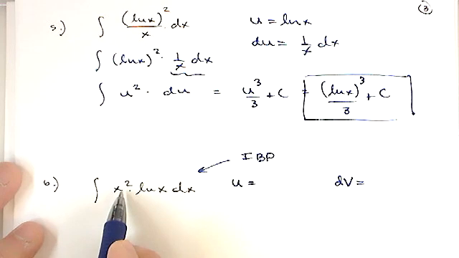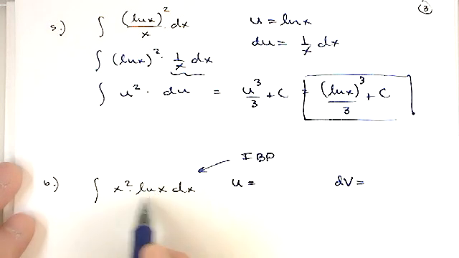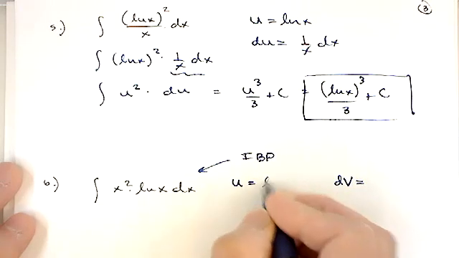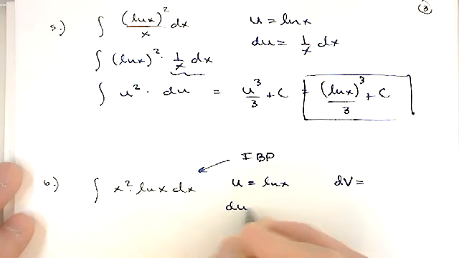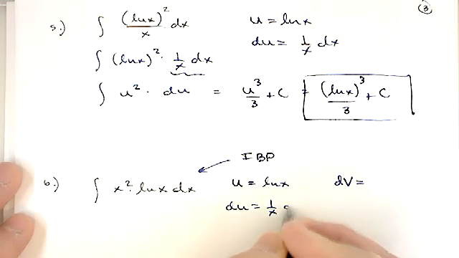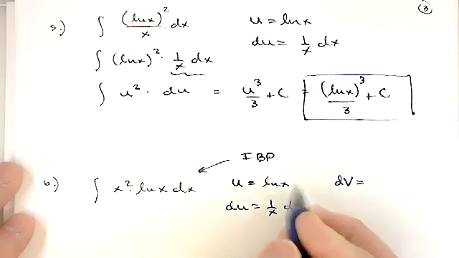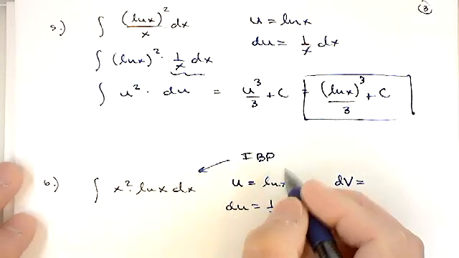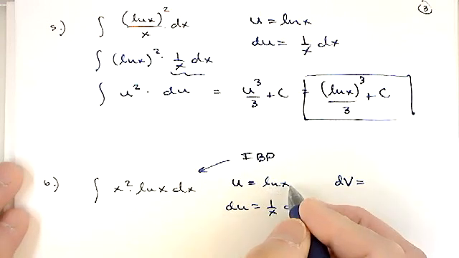I'd say that's simpler, right? I've knocked it down a power. But here's what is way better to me. If I let u equal ln of x, however, du is 1 over x. Now, why does that win out for me? How many people love working with logs?